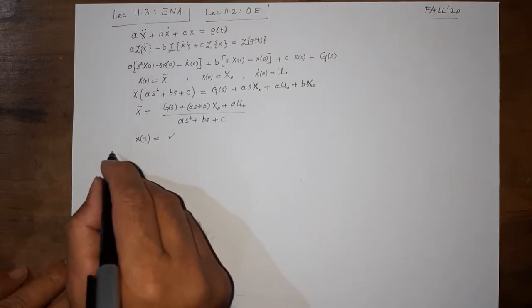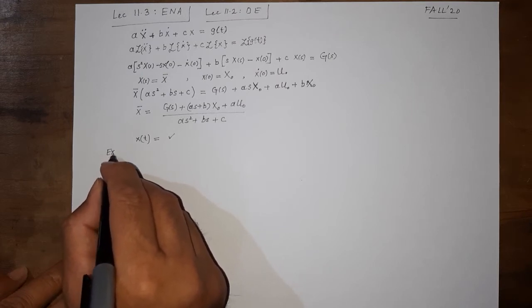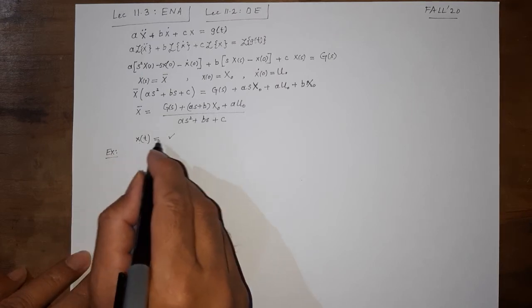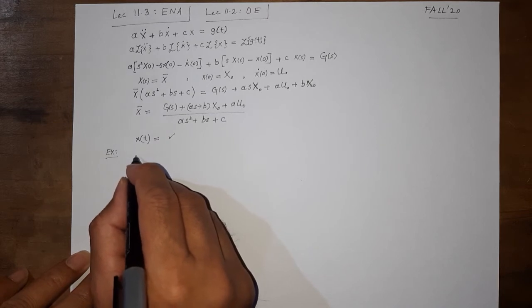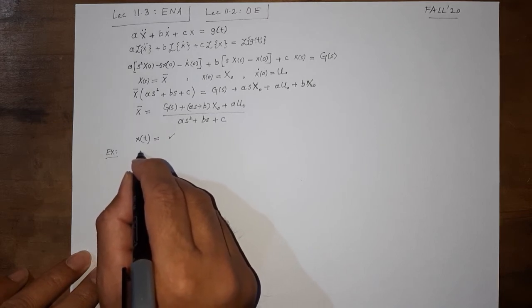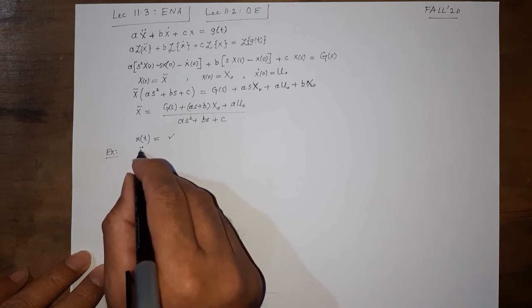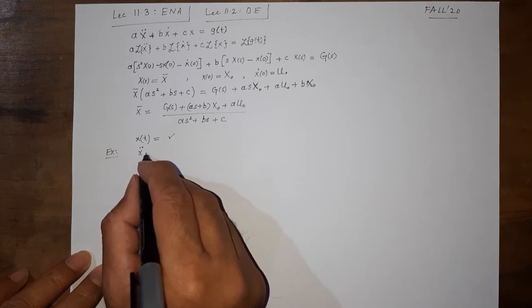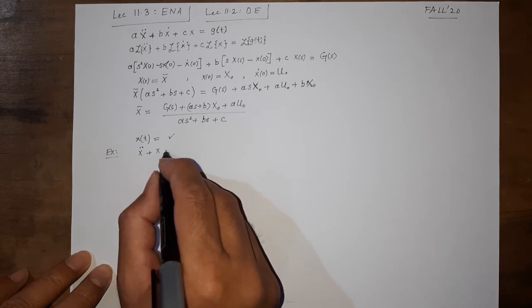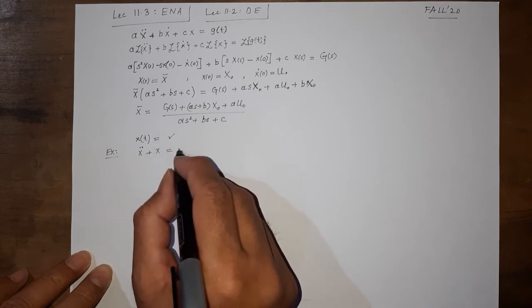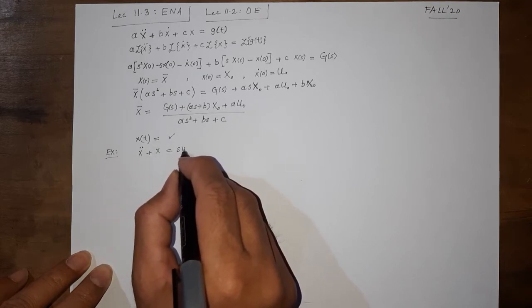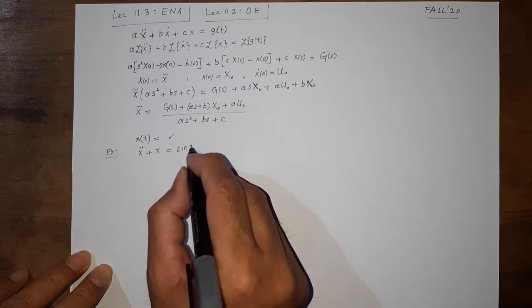Let us solve a problem and take it to the end. So suppose we have a differential equation x dot dot, remember this is the second derivative of x, plus x, so we don't have the first derivative term, and the inhomogeneous term is sine 2t.